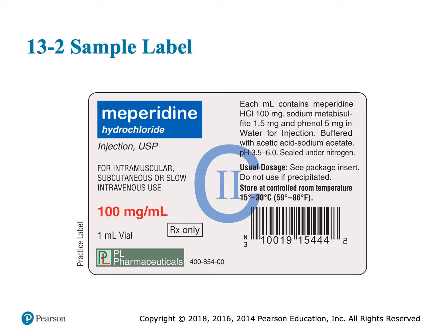We can also see the manufacturer there. We see the drug warning that says prescription only. And it has some other pertinent information there. I don't see a lot number or an expiration date. I also don't see an NDC number.